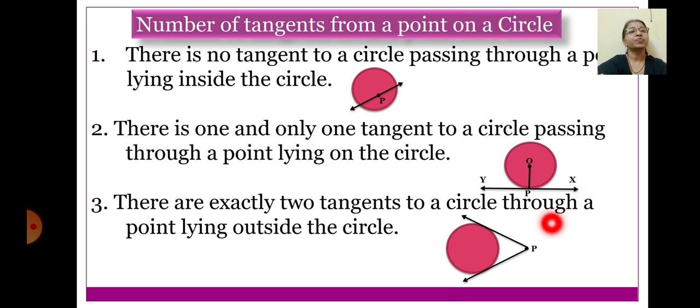So see here, we have drawn two tangents to the circle from a point outside the circle, and a very interesting property is related to this third point. That property is that these two tangents which are drawn from the exterior point to the circle are equal in length, and this is what we are going to prove next.